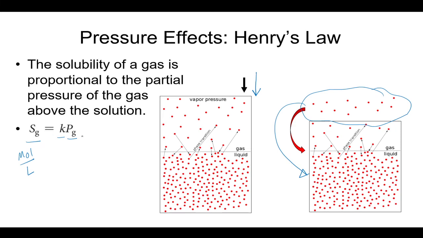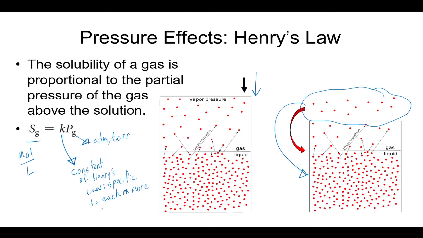The pressure P here is going to be in a pressure unit like atmosphere or maybe torr, psi, etc. And your constant here, K, is called a Henry's law constant, and this is specific to each mixture.